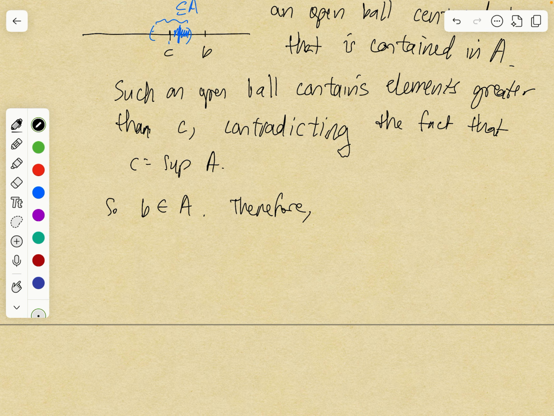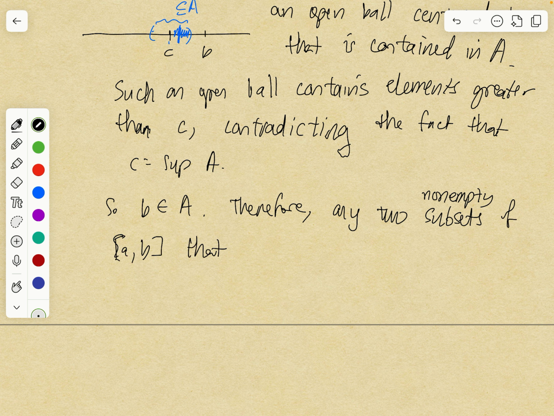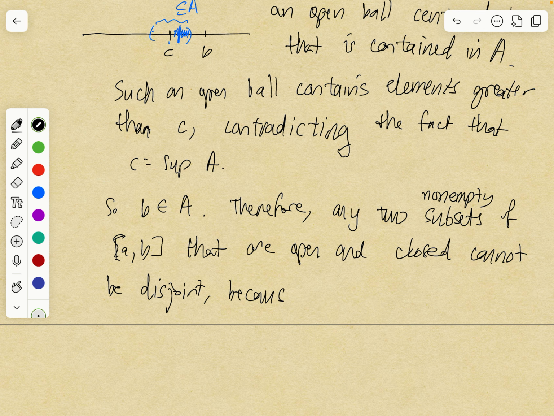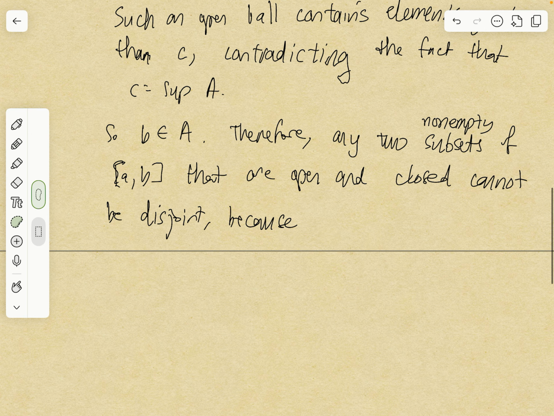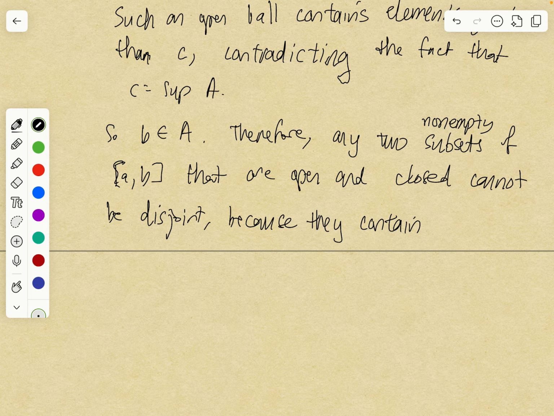Therefore, any two non-empty subsets of the closed interval AB that are both open and closed cannot be disjoint because they both must contain B. It turns out they both must contain A also, but they must contain B. So, therefore, this closed interval is connected.